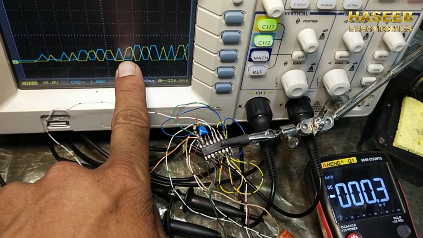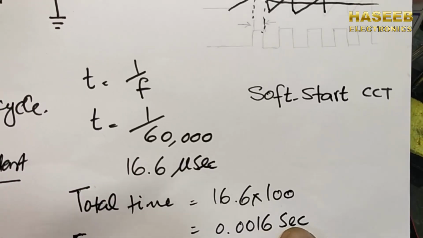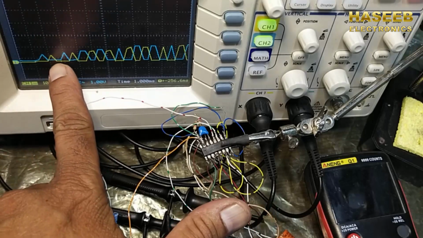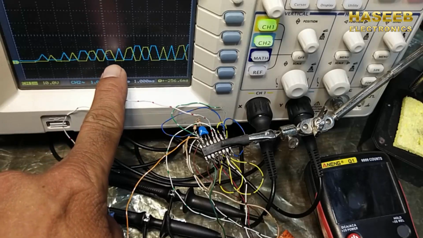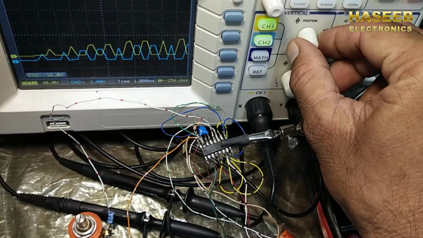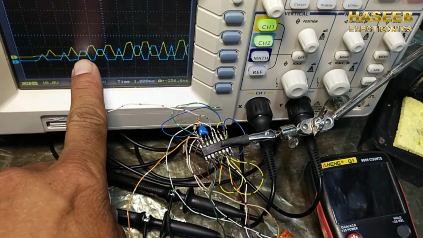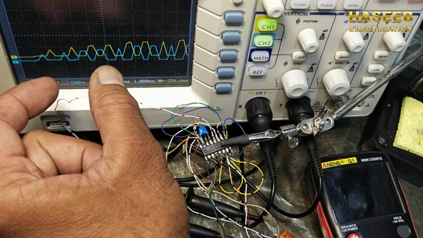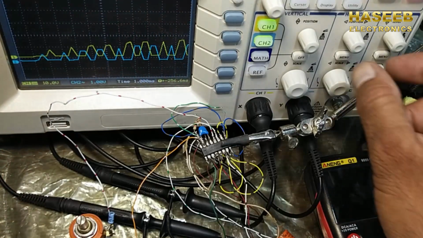When the time completes, which we calculated as 0.0016 seconds, after that time this IC will adjust its duty cycle at full rate. In startup, the soft start circuit is controlling the duty cycle. Then it will increase its duty cycle to the specified full rate.